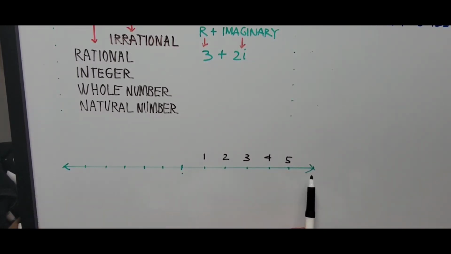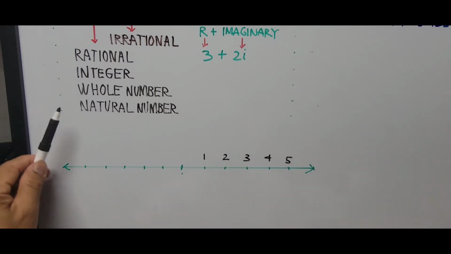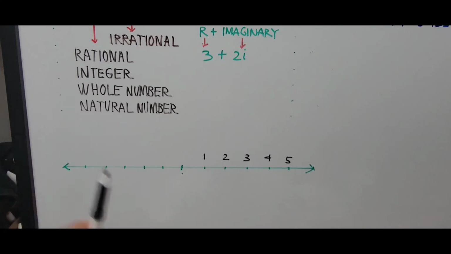That means it goes on and on to infinity, to the right and to the left. If you see these numbers 1, 2, 3, 4, 5, what do you call these numbers over here? So these are natural numbers, or what we call normally in layman's terms, counting numbers.